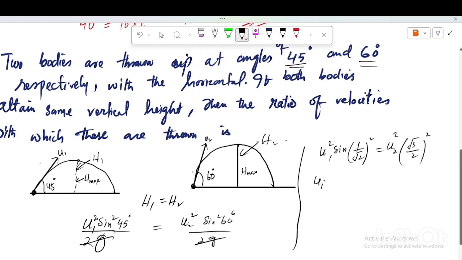So this is 1 upon 2, and this is 3 upon 4, right?